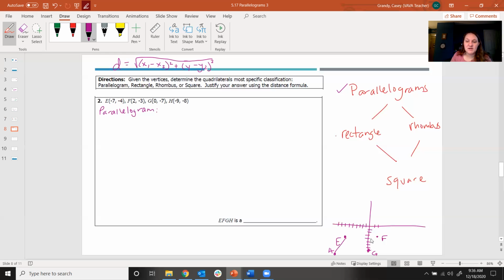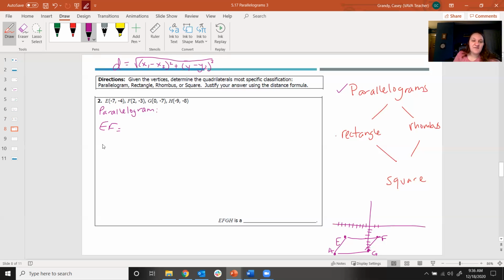All right. Not the prettiest graph, but it's all right. So by graphing this, I can also see which sides are opposite what. EF would have to be congruent to HG, and EH has to be congruent to FG. So we're going to find the length of all four sides. Yes, I know it's a little tedious, but at least it's not difficult, so that's good.